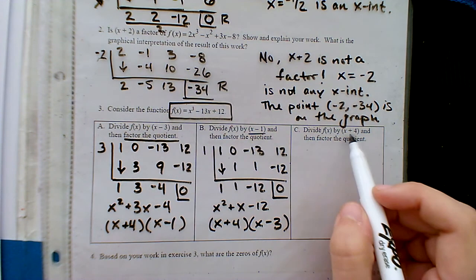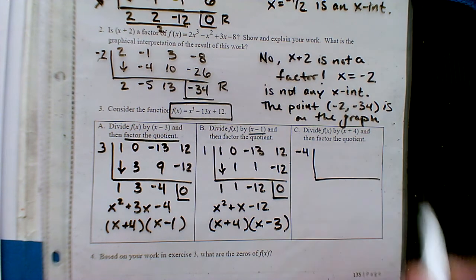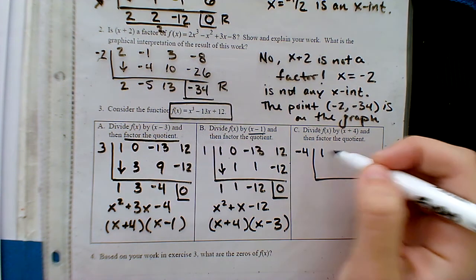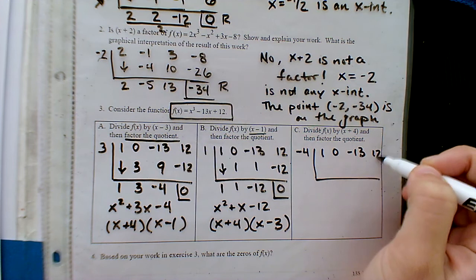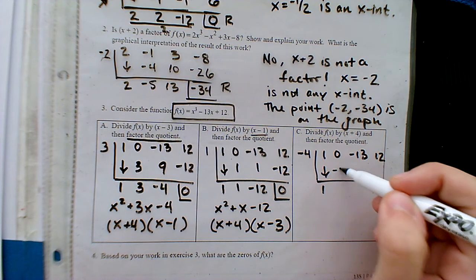All right, let's check out the third option. We're going to divide by x plus 4. So our outside number will be negative 4, and we'll keep the same coefficients. Drop the 1 and see where division takes you.